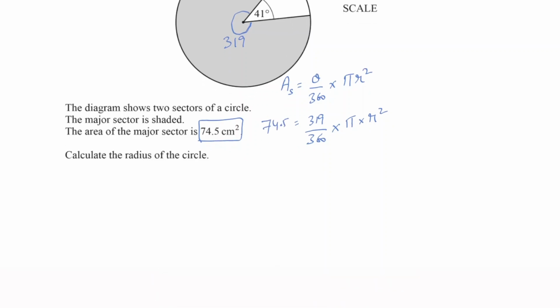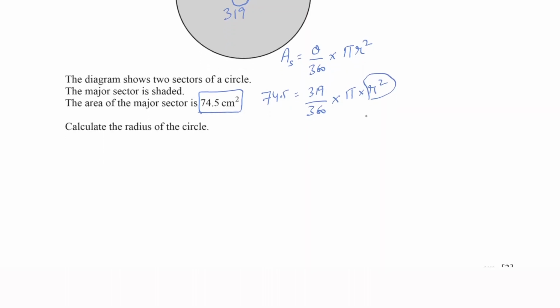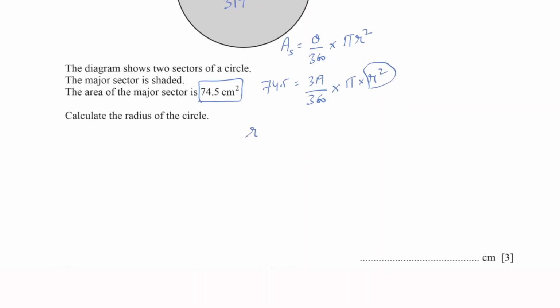Now we will cross multiply and find out the value of r from here itself. So r square will be equal to what? 360 will go there, cross multiply, so 74.5 times 360 divided by, this will come down, and pi will also come down, 319 times pi, right?